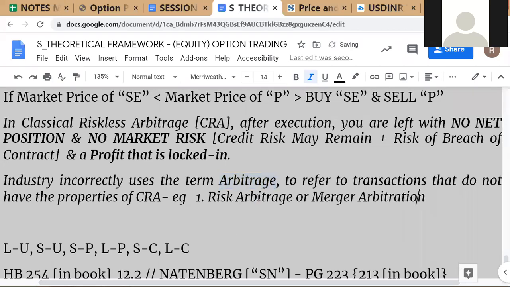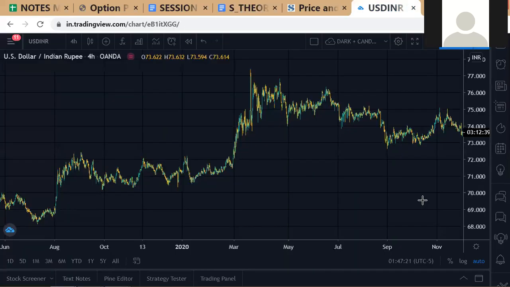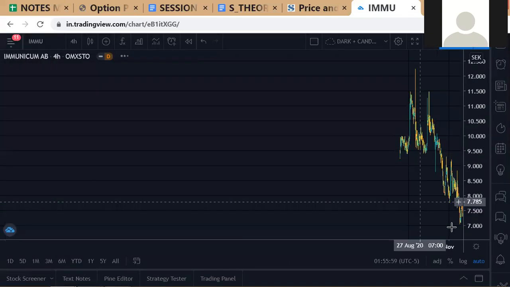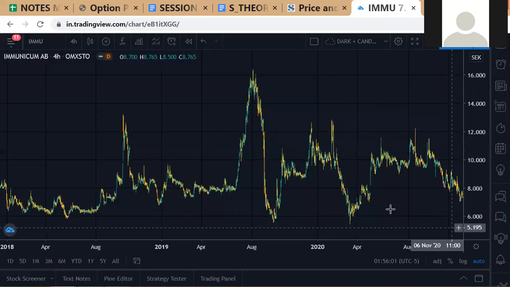Here what you do is you buy and sell stocks of companies that are going to be involved in mergers. If you remember from your previous class, you had Immunomedics.